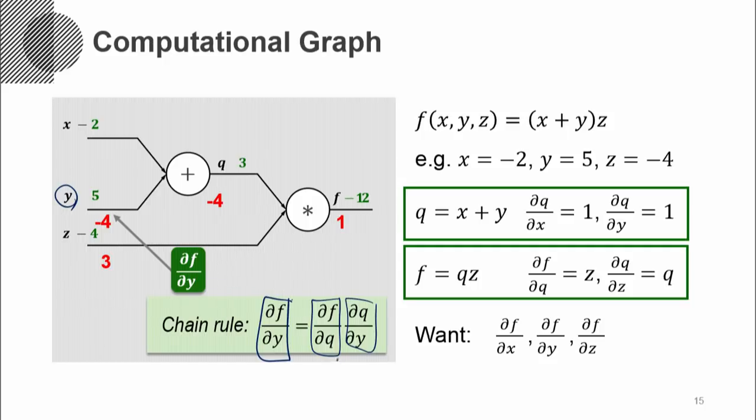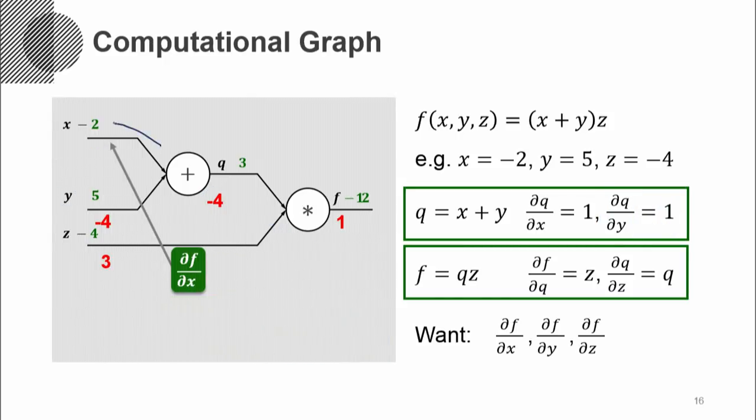This was already obtained as -4. And what about this value? We have to take the partial derivative of q with respect to y, which is shown here, and this was the value of 1. So this value times 1 will generate just the same value, -4.